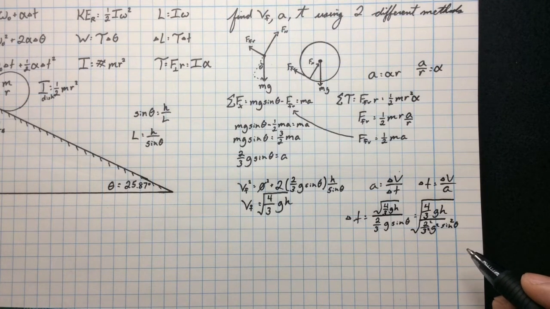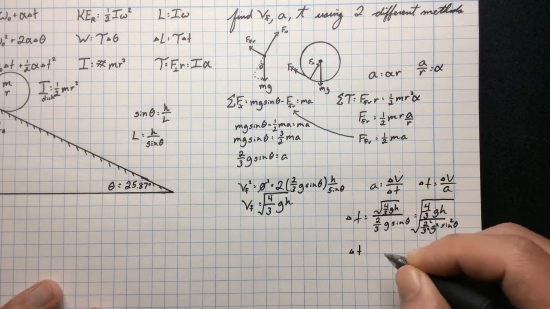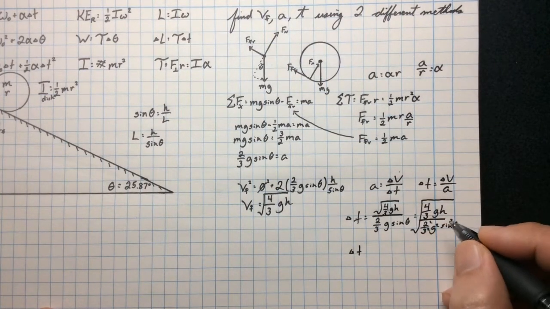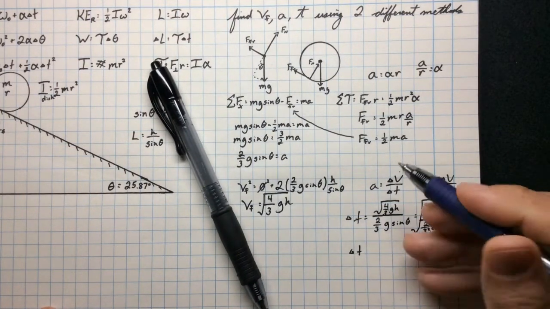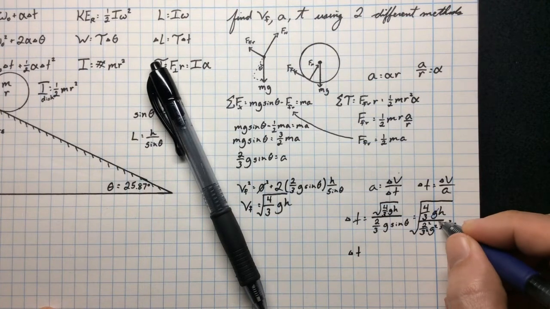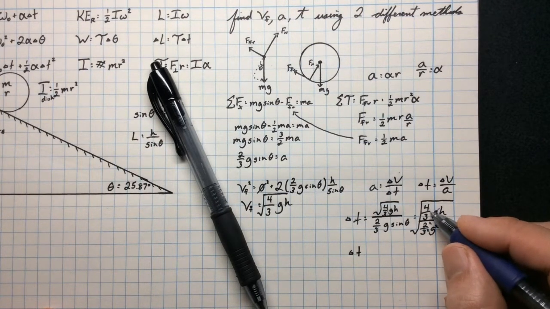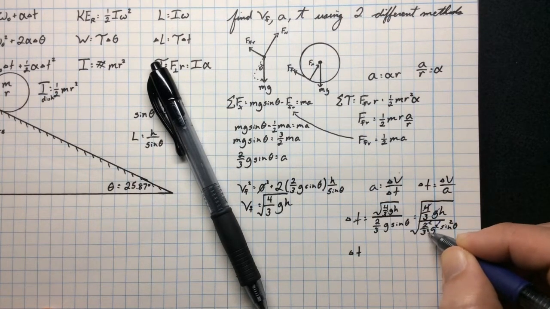Let's see. We'll just do that down here. Last step, I've got 4/3 gh. One of these, this g will be gone. Let me use a different color for that. That's gone. That's gone. If I have 4 divided by another 4, that's gone, and that's gone. That 3 is going to be turned into a 9.